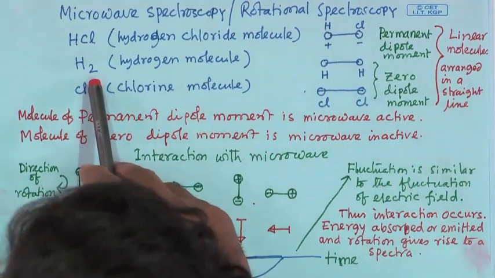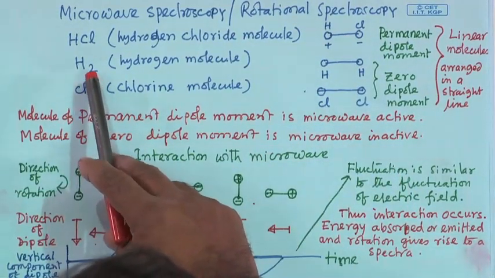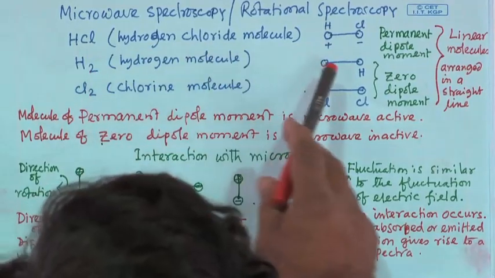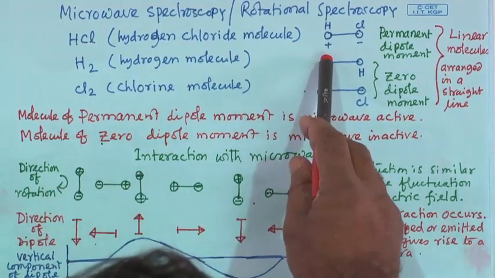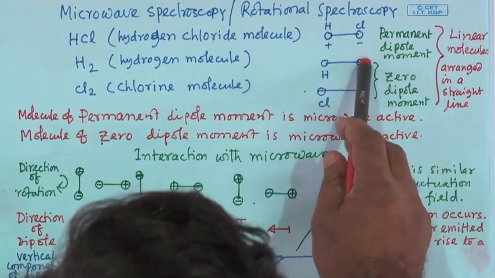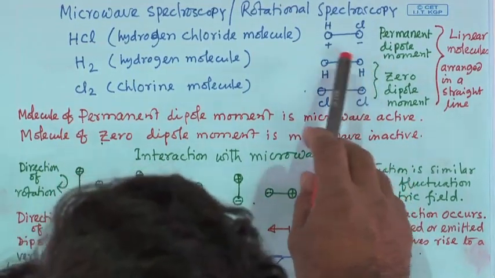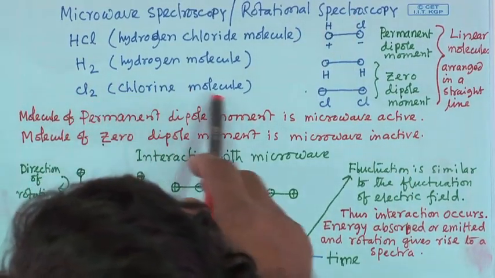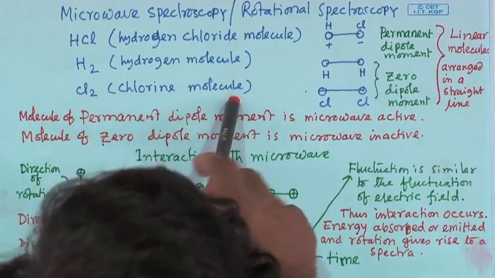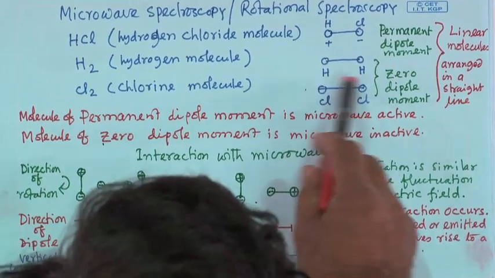The hydrogen molecule H2 is basically two hydrogen atoms separated by a distance, okay. Similarly, in the chlorine molecule, two chlorine atoms are separate.